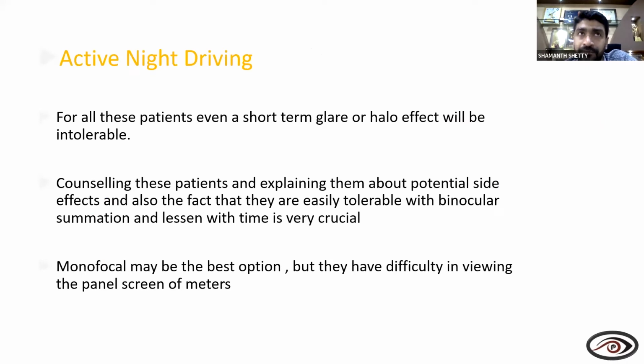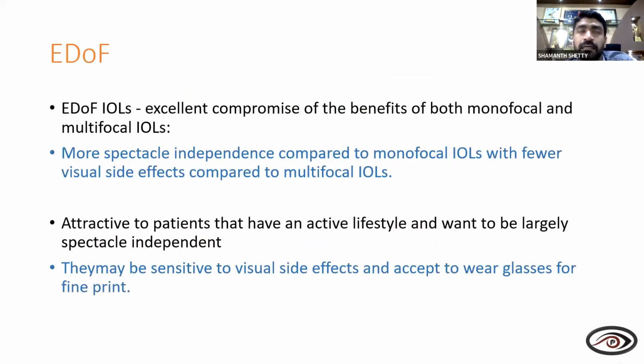For such patients, the best option that we have at the moment is the extended depth of focus lens. Extended depth of focus is for people who say, yes, we want spectacle independence, but we definitely don't want the glare. So in extended depth of focus, there is a compromise between the monofocal and the multifocal.